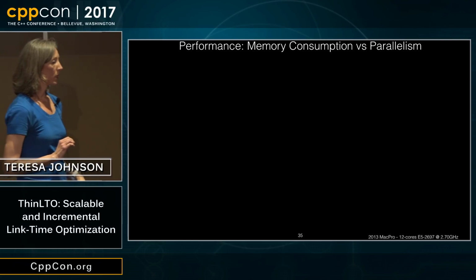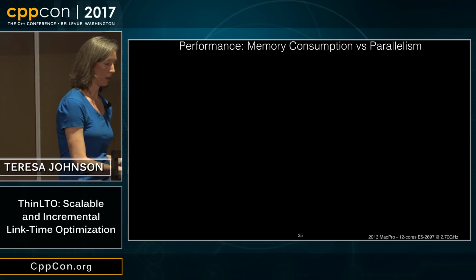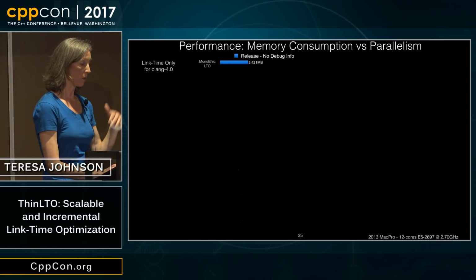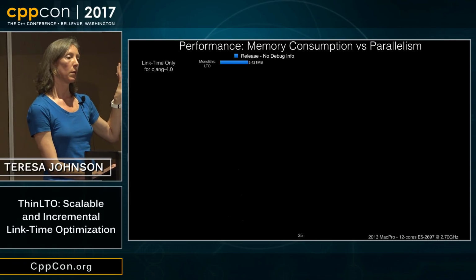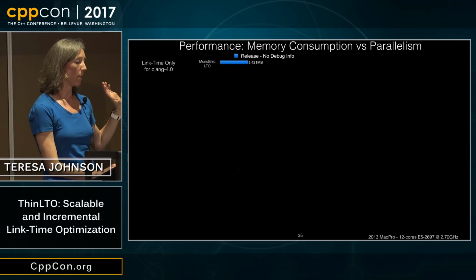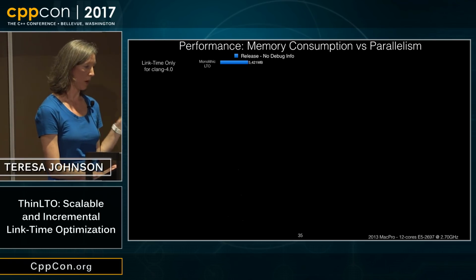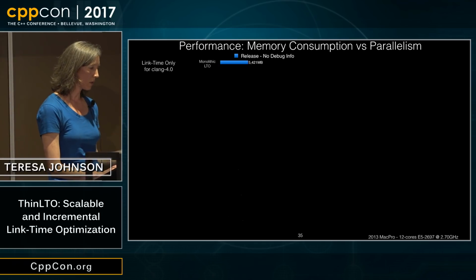Just a little bit more detail on how ThinLTO scales with increasing threads. I showed some numbers earlier for Chromium, but this is going to have a little bit more detail. So first, this is now building the Clang binary. First, let's look at when we build Clang with no debug info. Monolithic LTO is a bit large. It's around 5 gigs.